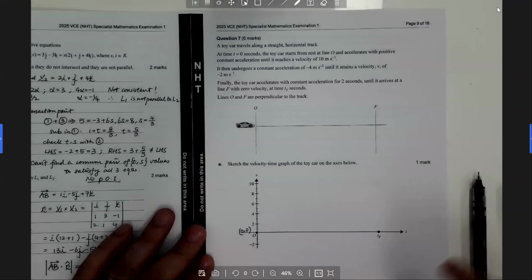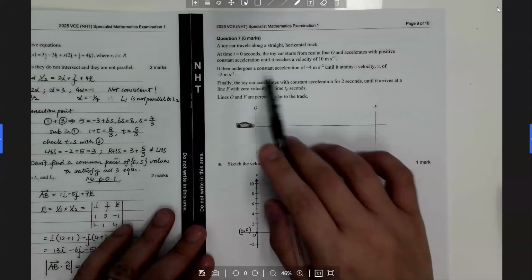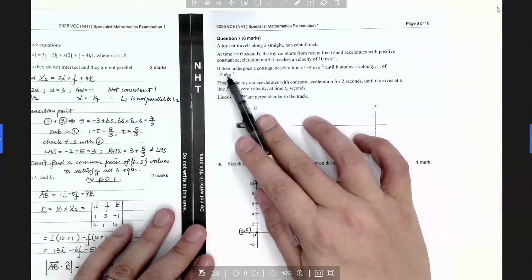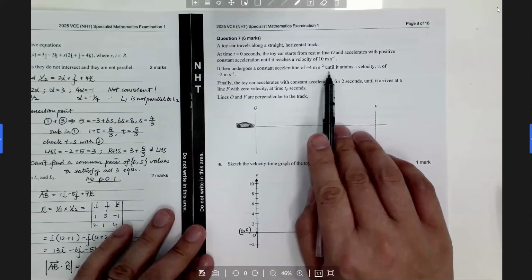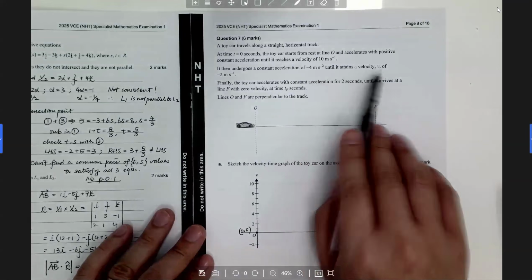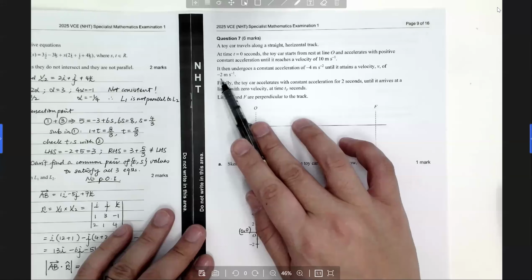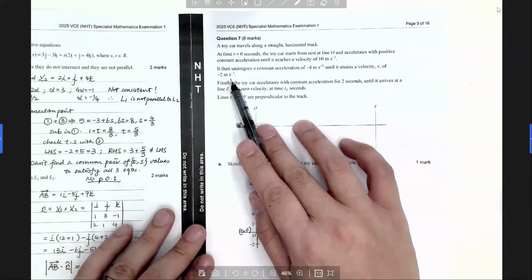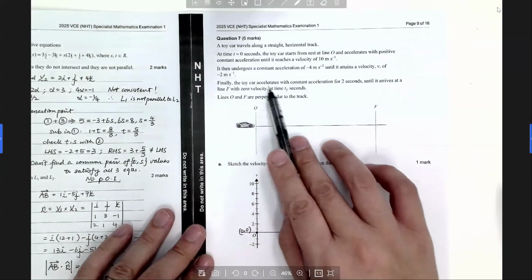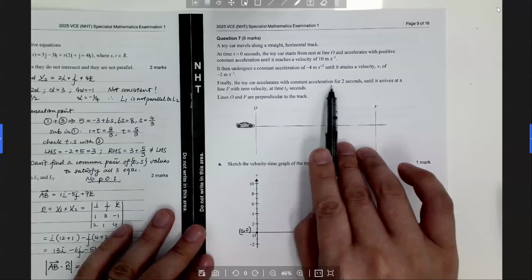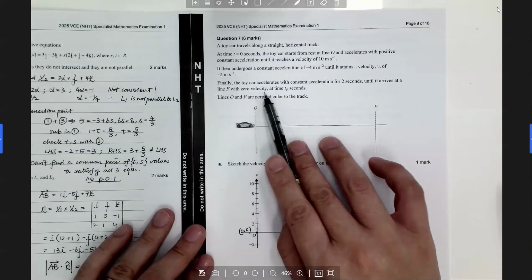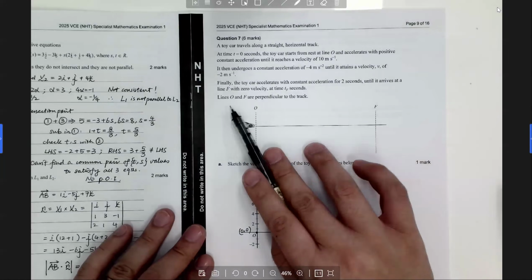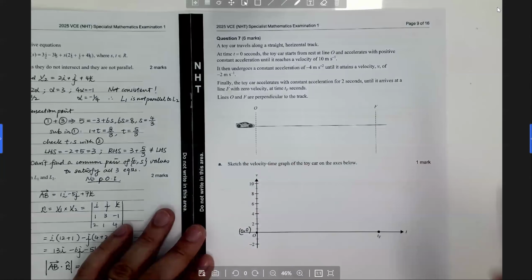So not entirely sure where that is, but it is then undergoing a constant acceleration of minus 4 meters per square second until it attains a velocity v of minus 2 meters per second. Finally, the toy car accelerates with a constant acceleration for 2 seconds until it arrives at a line F with a 0 velocity at a time tf seconds.